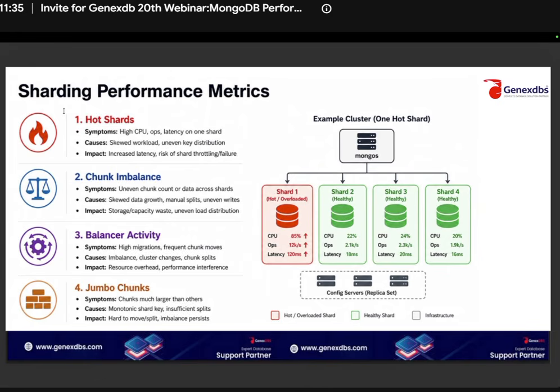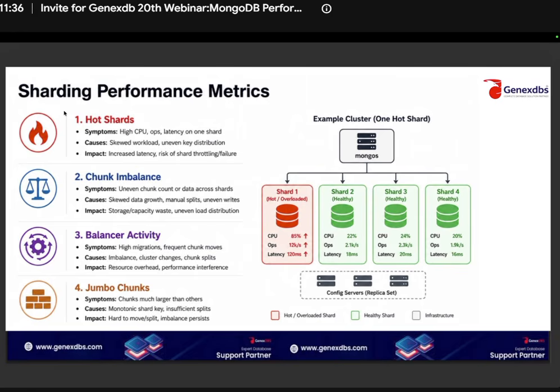Whenever there is frequent balancer activity, it indicates rapid data growth, uneven workload distribution, or poor shard key selection. And since this balancer activity will consume CPU and disk resources, if there is any excessive balancing, we have to investigate it, because it causes performance issues.